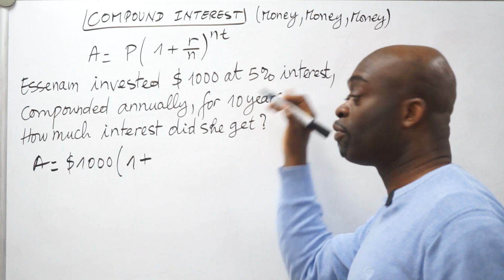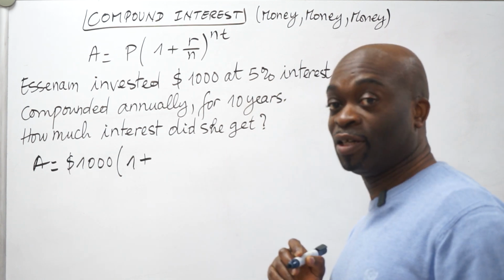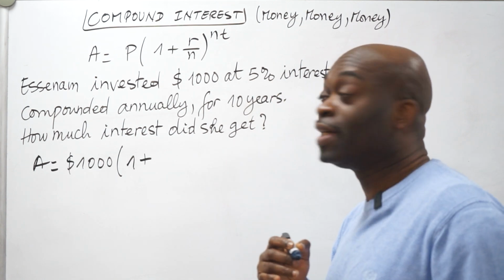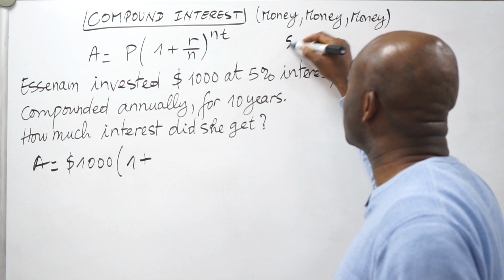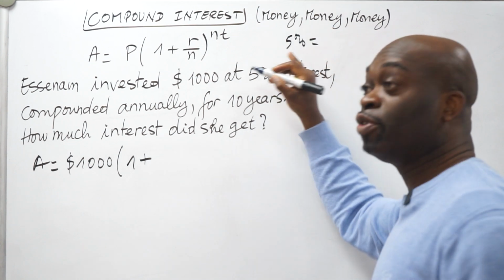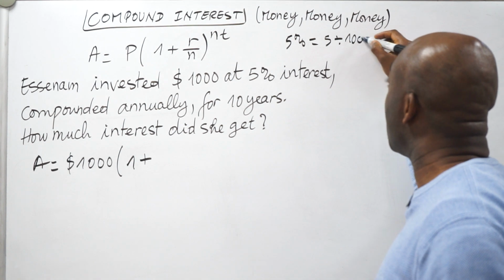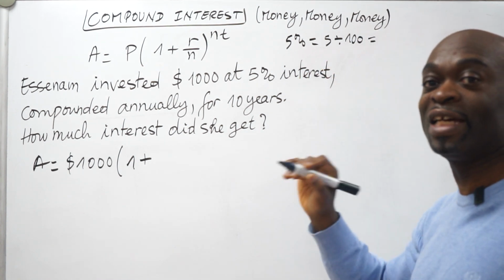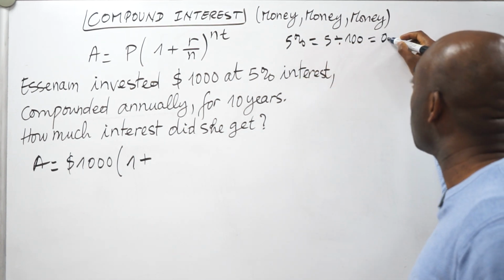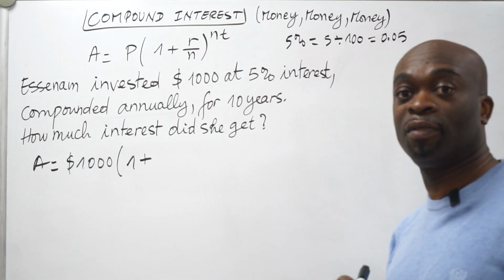The rate is the rate of interest, which is 5%. 5% is the same thing as dividing 5 by 100, and when you divide 5 by 100, that is the same thing as moving the decimal place twice to the left, which is 0.05.